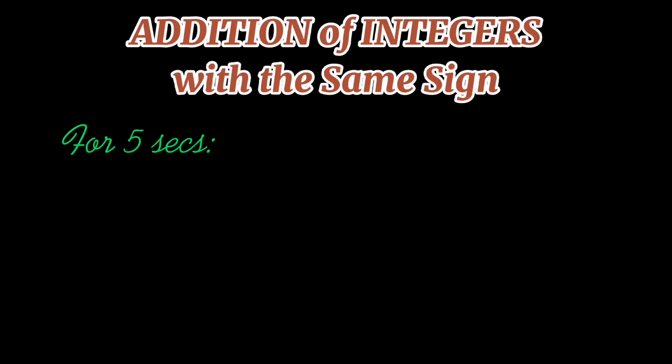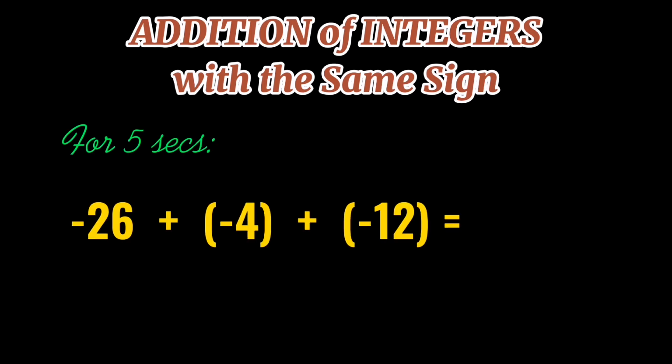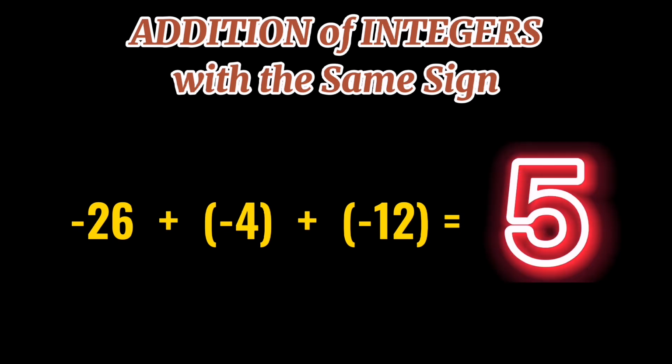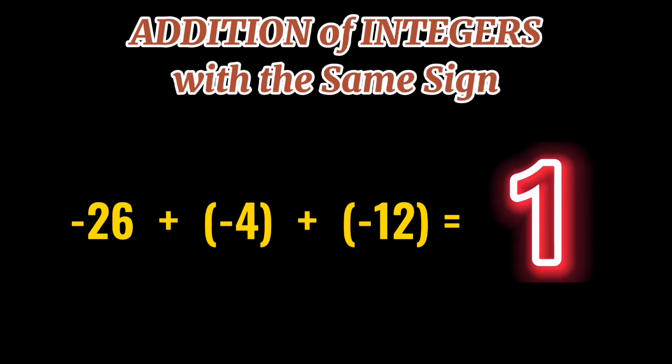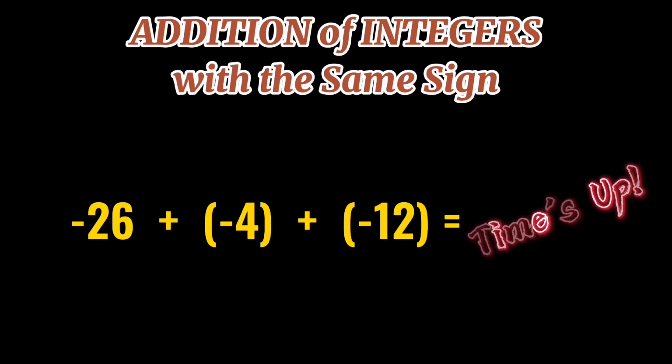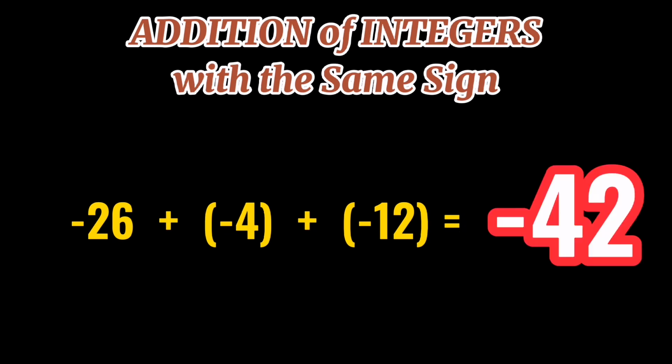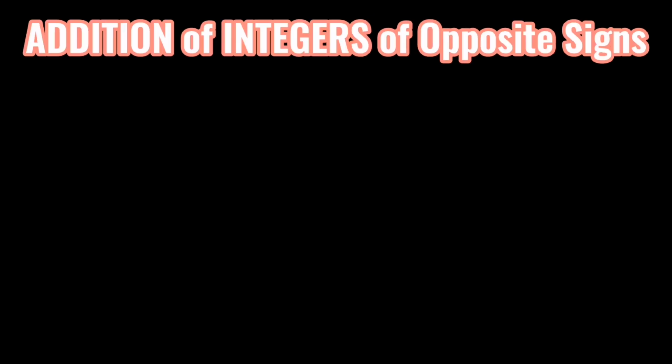For another 5 seconds, -26 plus -4 plus -12. Alright, time is up. The correct answer is -42. Now let us proceed to the second set, which is the integers of opposite signs.